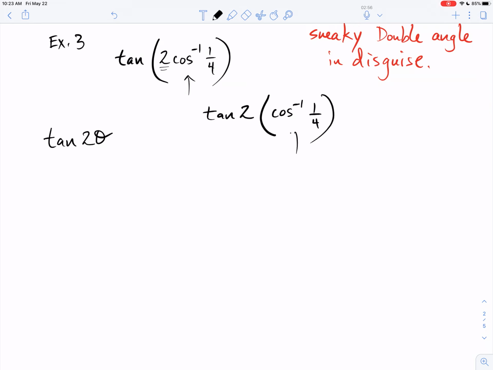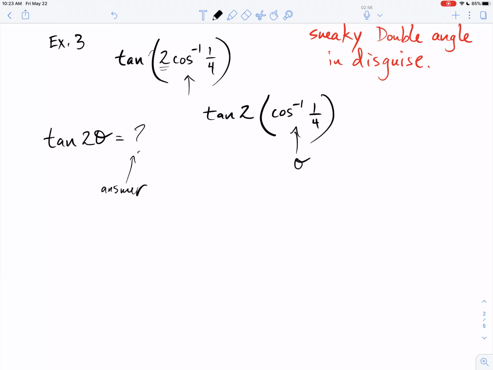Then I'm going to call this thing theta, which is this guy. So the tangent of 2 theta, I don't know what it is, but when I get to the end, that's going to be my answer. It's a sneaky double angle in disguise. I have to factor out this 2, which means I just have to bump over my parentheses.